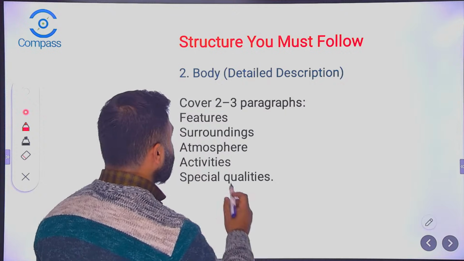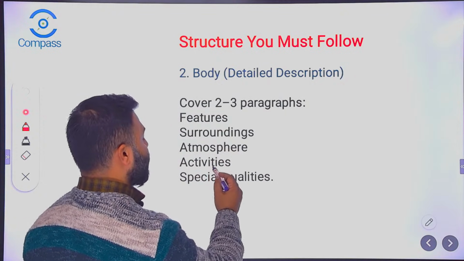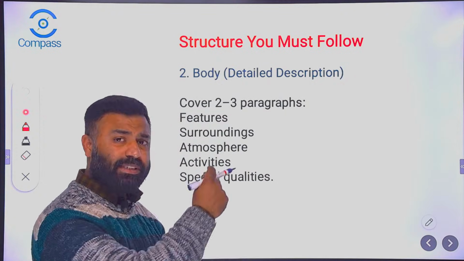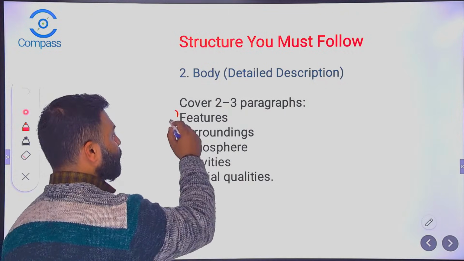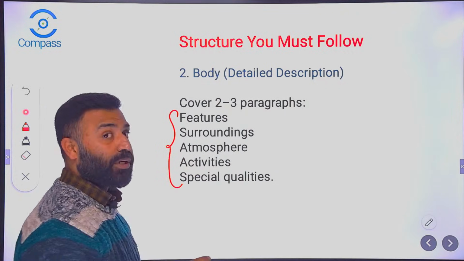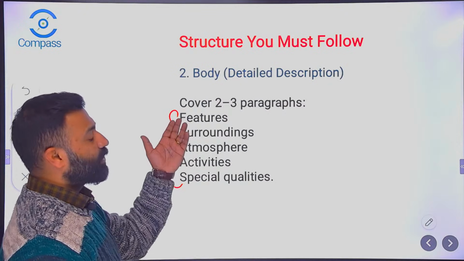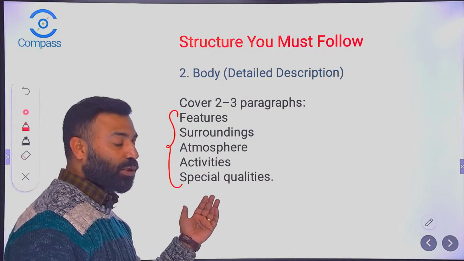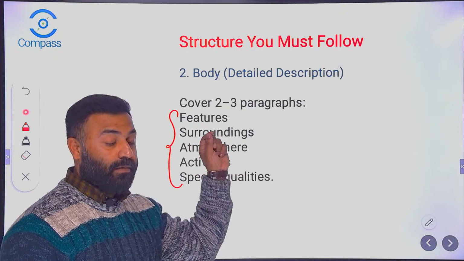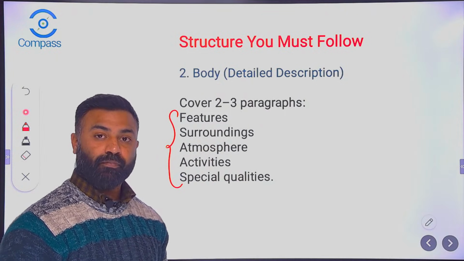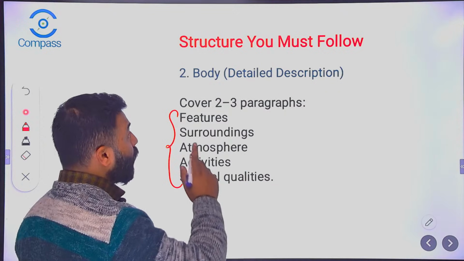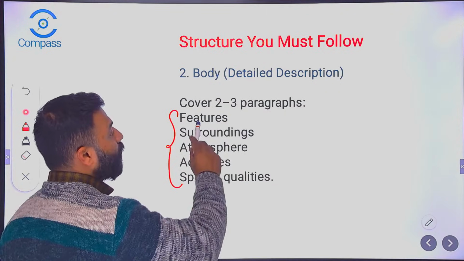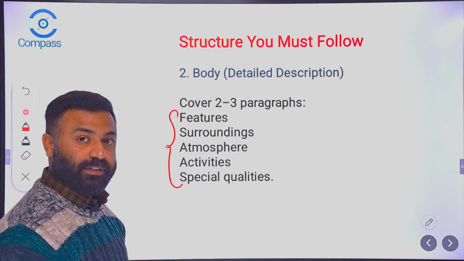Okay, then features, surroundings, atmosphere, activities, special qualities, all these things, these are just examples. Suppose you are describing something, so the features, the surroundings, atmosphere, activities, special qualities, all these things can be written down, okay, in the body of the essay. It covers 2 to 3 paragraphs.